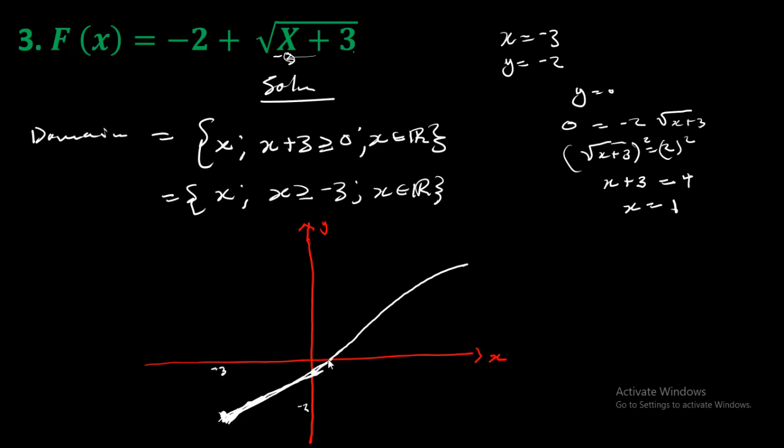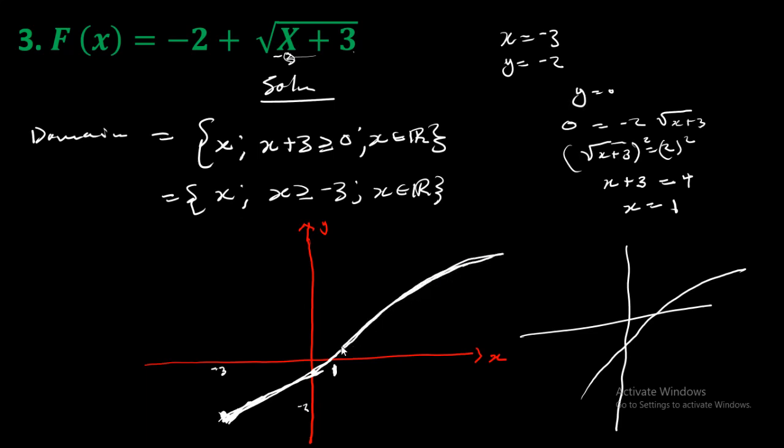Remember, this is just a sketch, and there will be a 1 there, and a negative 3, and here it is negative 2. In short, the curve looks in such a way like that. This is how the graph will look.